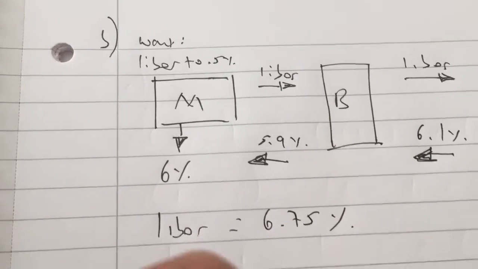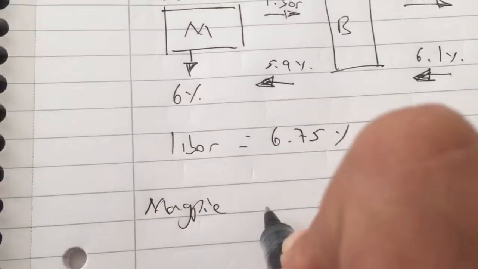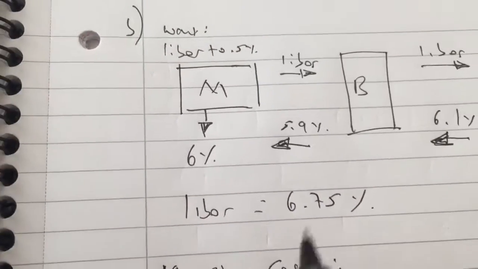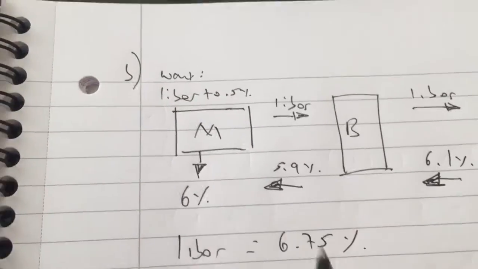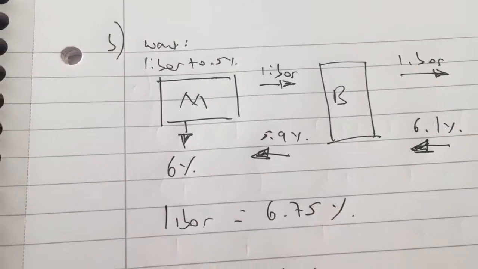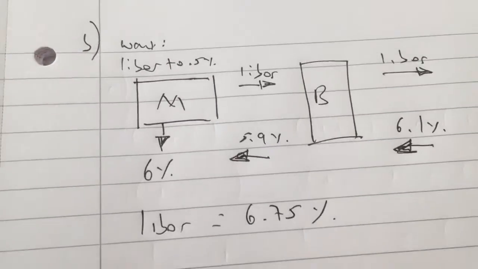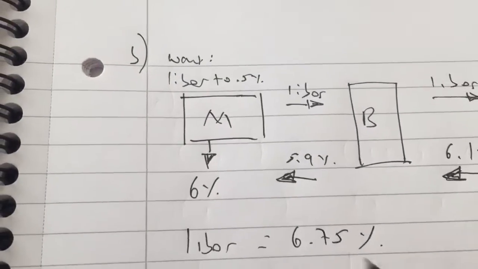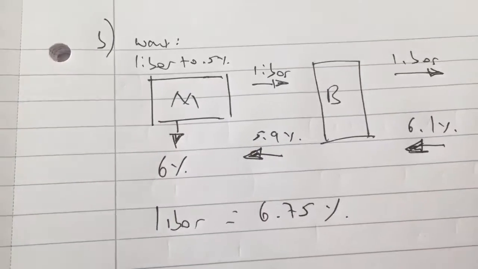So okay, Magpie. So let's do this. Magpie's costs. So what did we say? We said the 6% is positive. We're adding that. We're adding the LIBOR, and because LIBOR's leaving, we're adding it. 5.9 is coming in.